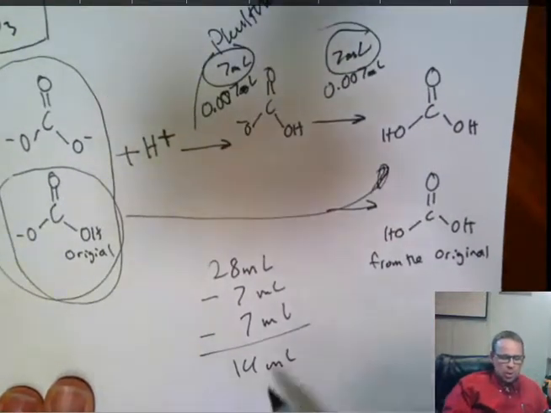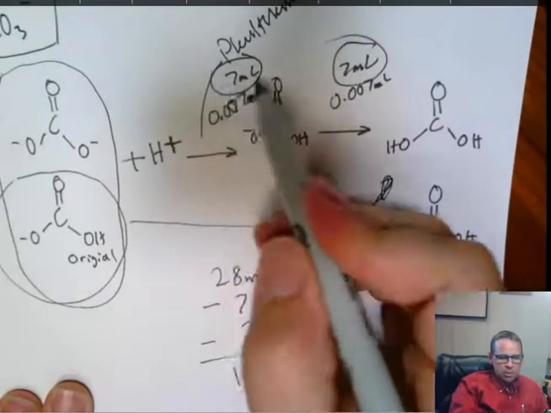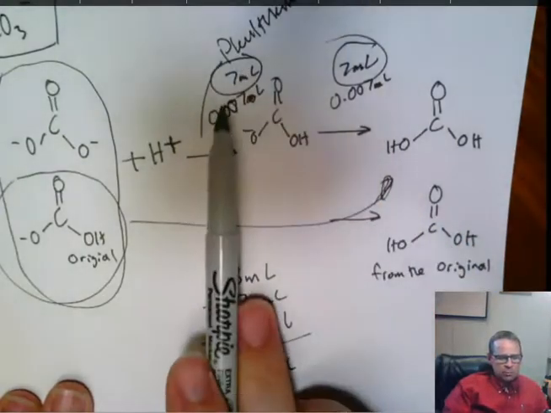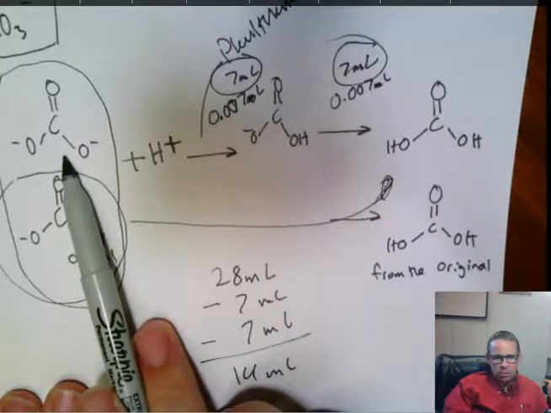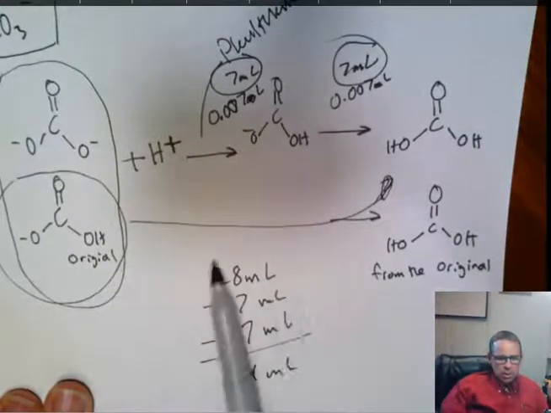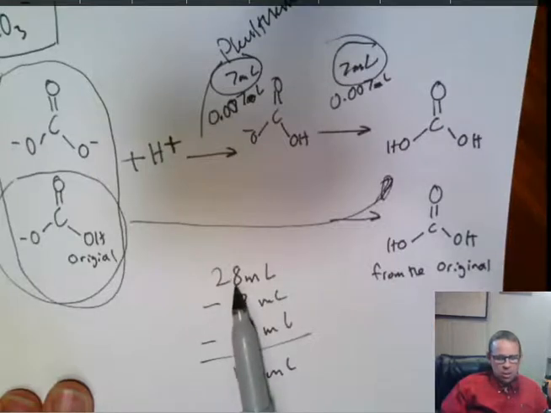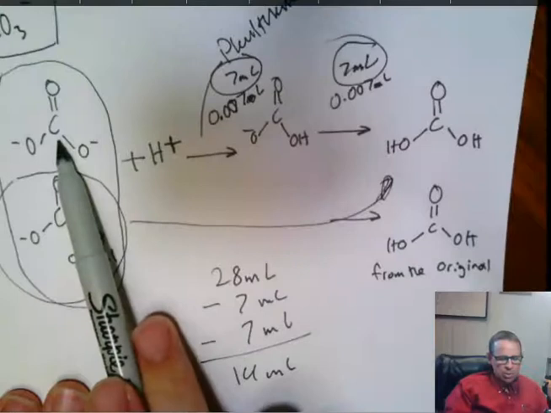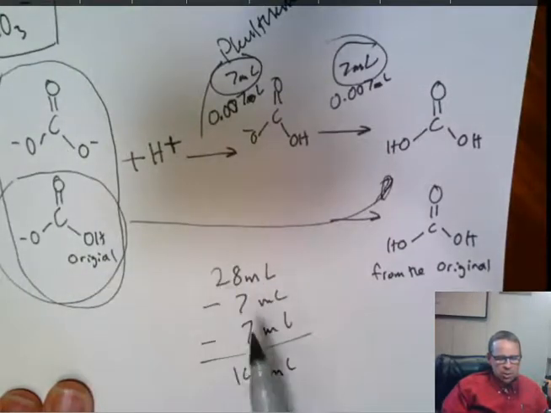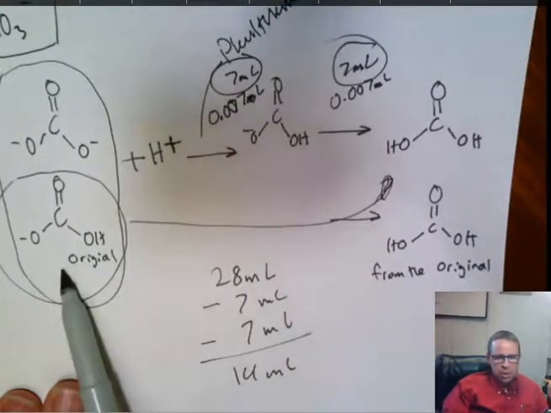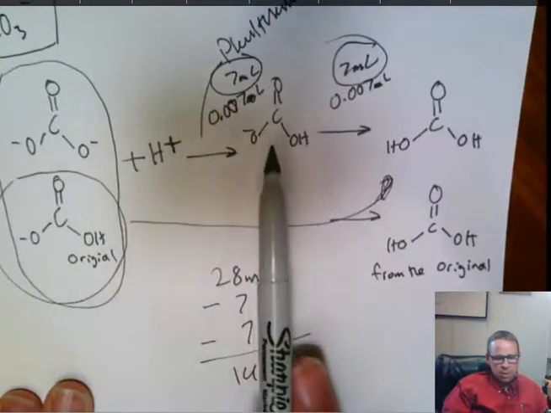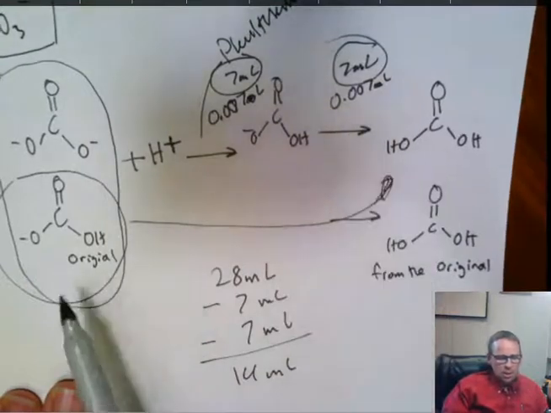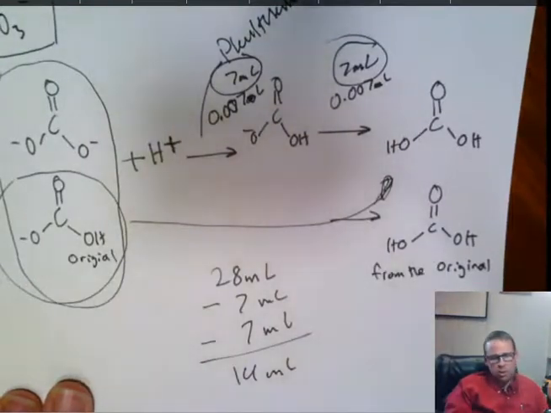Okay? So this 7 milliliters, that would be the value that we would use to identify the concentration of the carbonate ion, or the sodium carbonate. The 28 milliliters was the methyl orange color change, but we have to subtract the volume that it required, because that 28 included not just the amount for the original bicarbonate, but the amount for the original carbonate to go to bicarbonate, and that bicarbonate to go to carbonic acid, and then the original carbonic acid to go to bicarbonate.